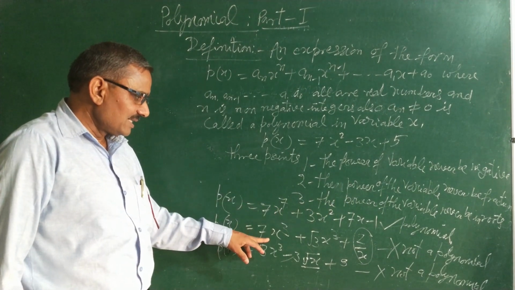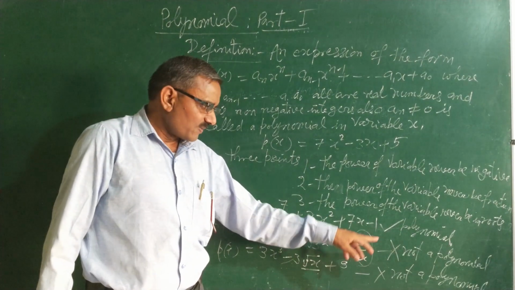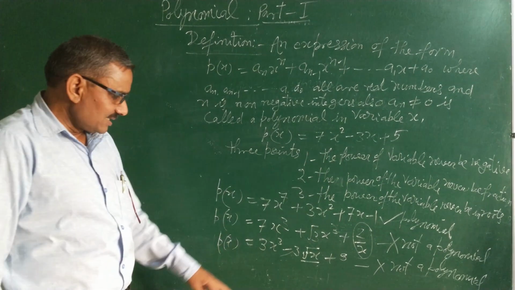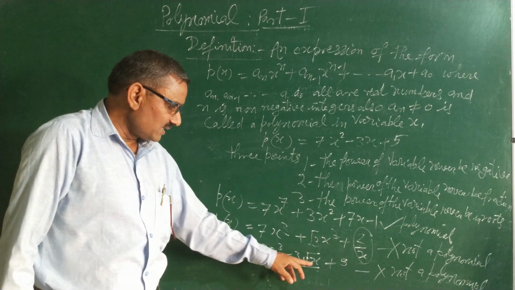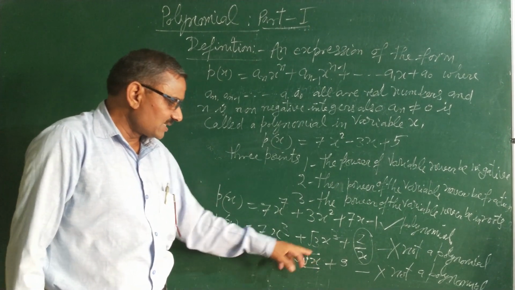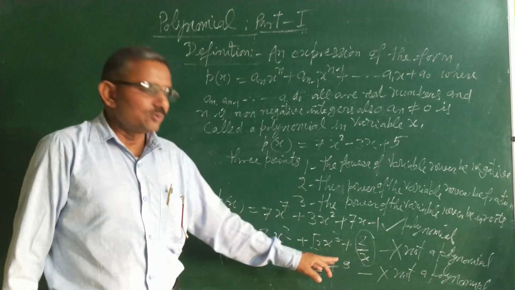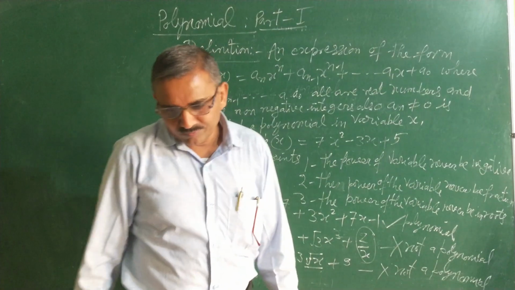But in the second case, one term contains the power of x as negative, so the whole expression is not a polynomial. Again in the third case, the one term, that is minus 3 under root x, contains the power in roots, or you can say x power 1 by 2. So this whole expression is not a polynomial.